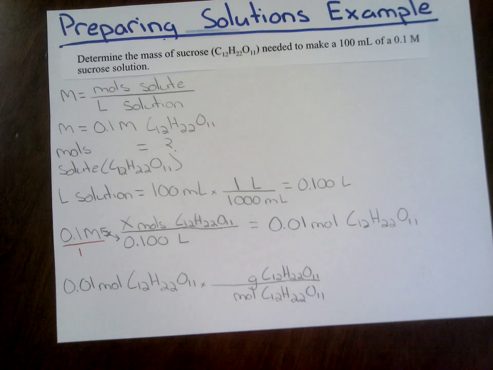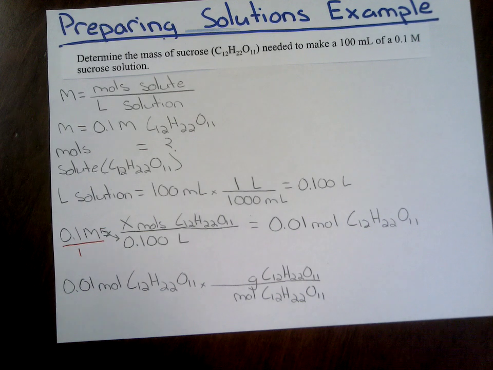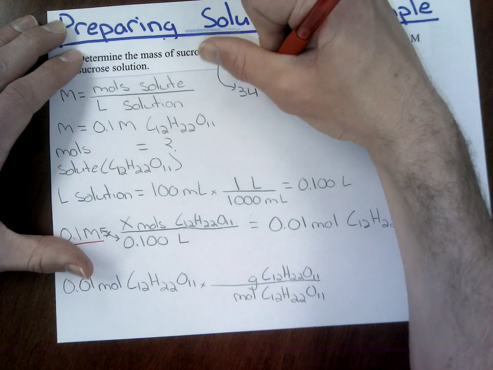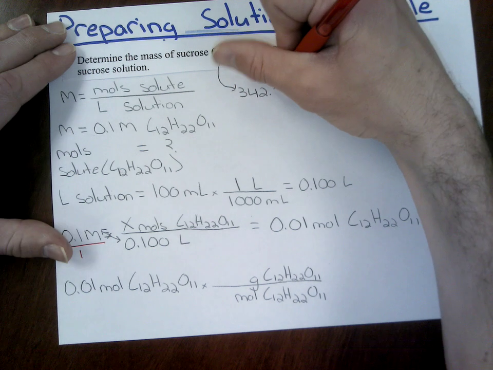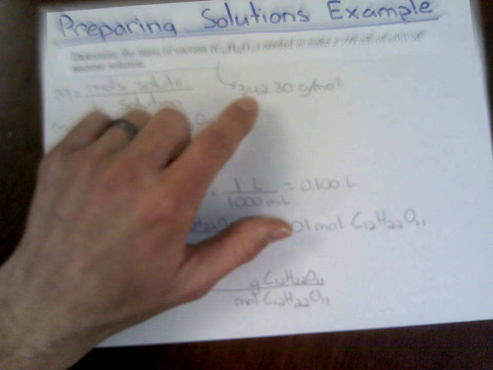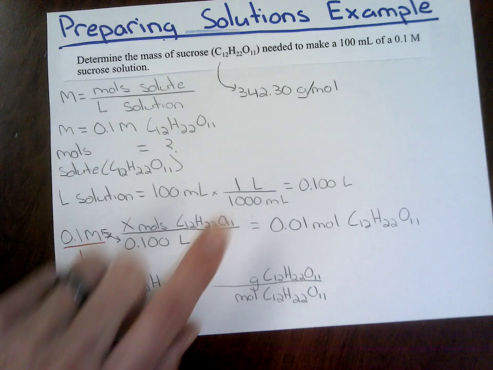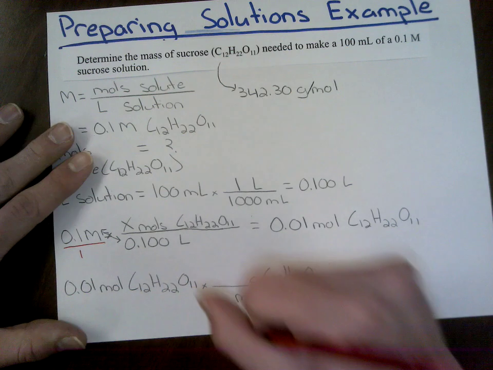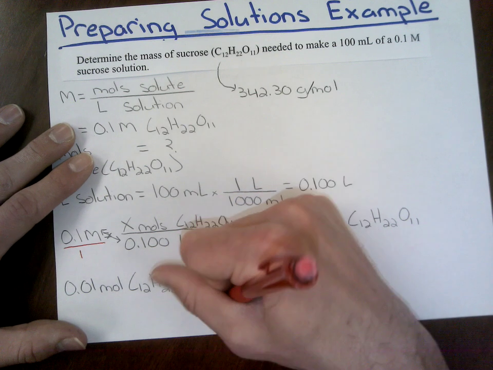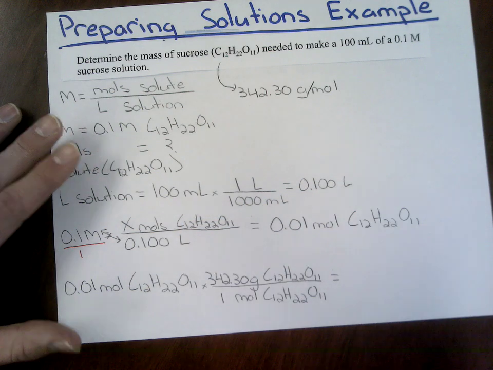The molar mass of our sucrose is 342.30 grams per mole. Again, this 342 number is associated with grams, so it goes in the gram slot. So we have 342.30 per every 1 mole.